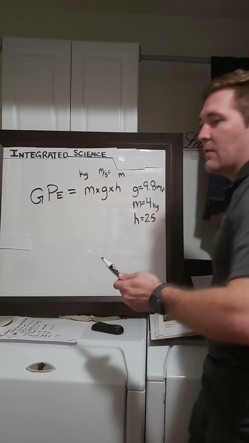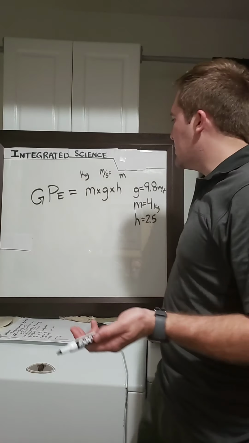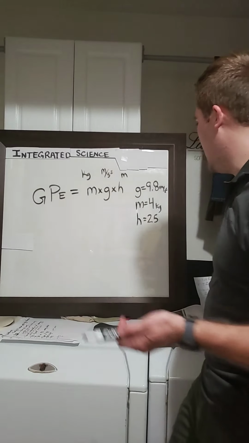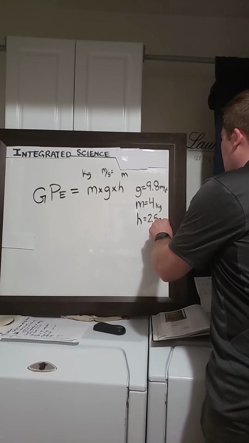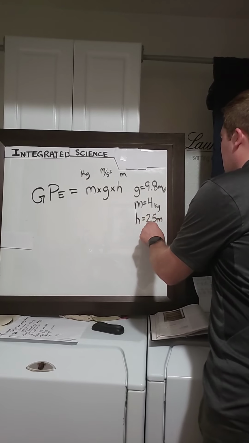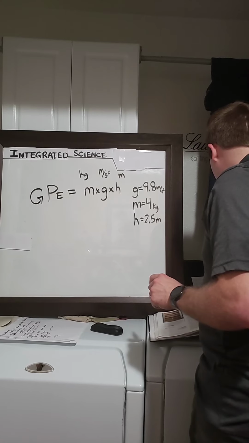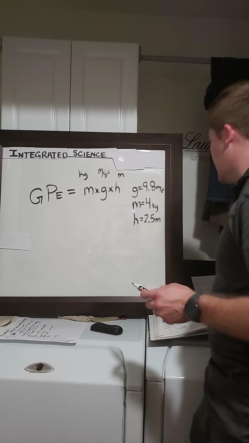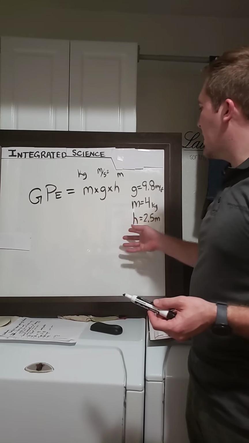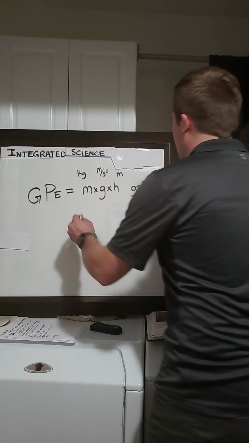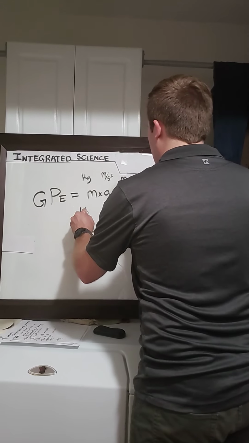You got to make sure you have a reference point, okay? You can say 2.5 meters, but you don't know what that's above. So 2.5 meters above the floor. And what is its gravitational potential energy? So we just got to plug in all 3 of these, and then we can multiply them together, right? We don't have to do anything else.